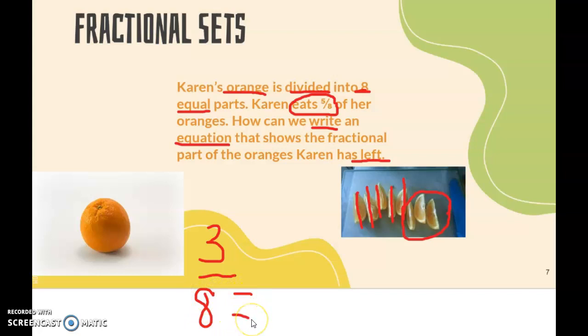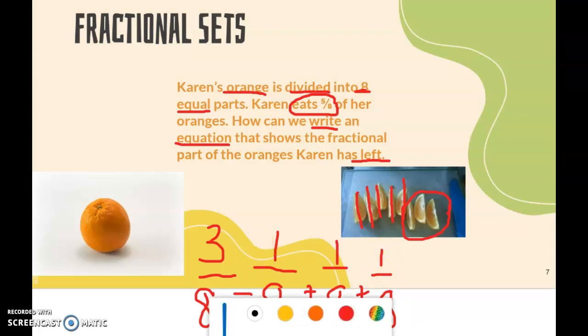I can decompose 3/8 into smaller fractions, what we know as unit fractions. 1/8 plus 1/8 plus 1/8 gives me a sum of 3/8.